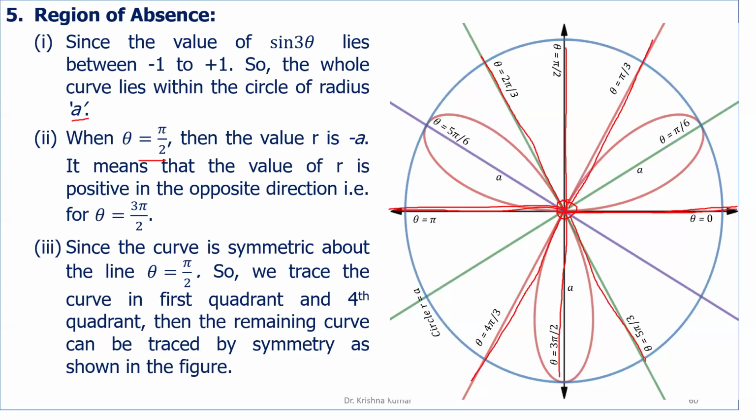Now the question is where the loops are. We have already seen that when n is odd, the loops will be in alternate parts. Just look here. This is the first part, θ = 0 to θ = π/3, between 2 tangents. So there is one loop. Then alternately there is no loop over here, because when θ = π/2 the value of r is negative, so that loop goes down for θ = 3π/2.